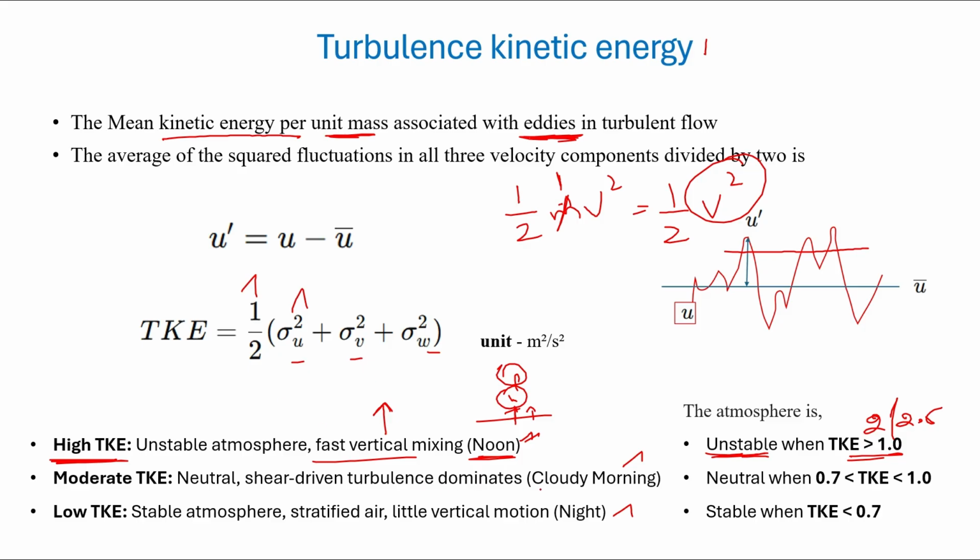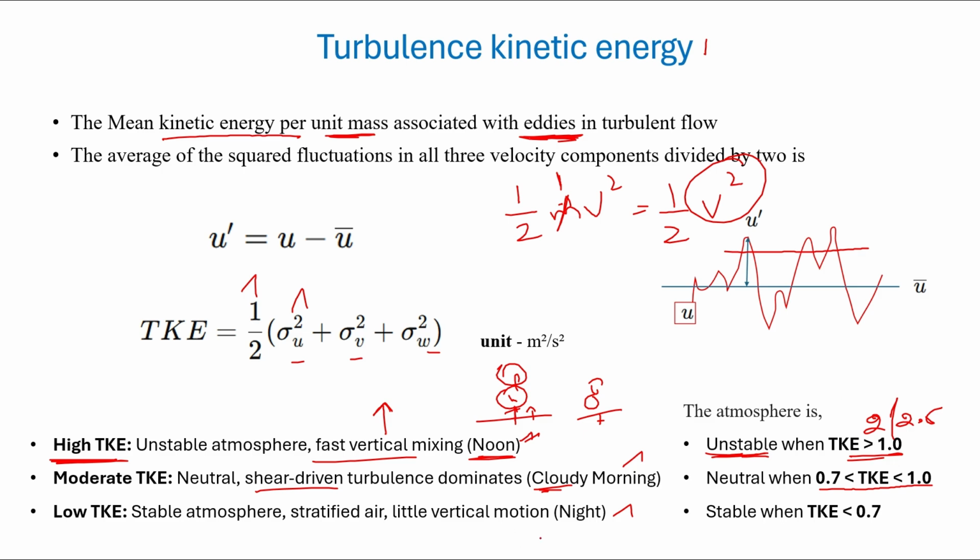Then in the early morning, there is no surface heating, so there is no vertical mixing. There the turbulence is purely mechanically driven or shear driven. So we are getting moderate turbulent kinetic energy, that is called a neutral atmosphere, where the value falls between 0.7 and 1.